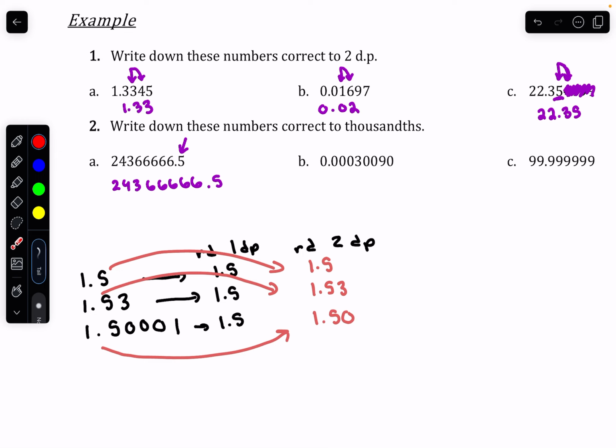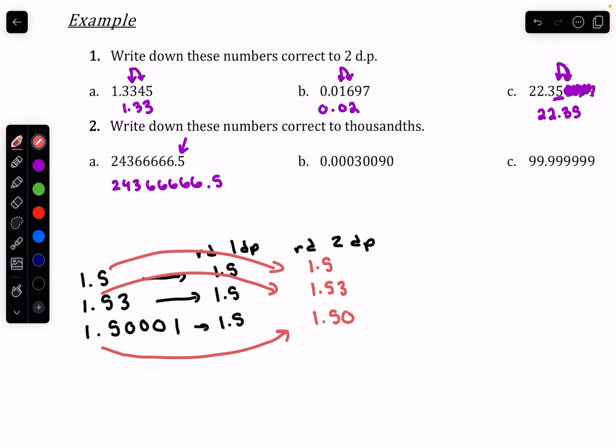So when you're asked to round to 2 decimal places and it ends in a 0, you've got to put that 0 there. It tells the reader that there were more numbers that came after it. It tells the reader that this number and this number were not the same to begin with, okay?